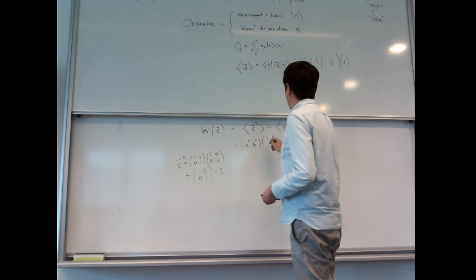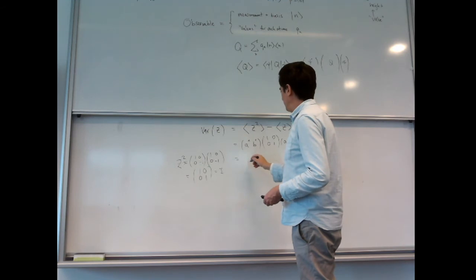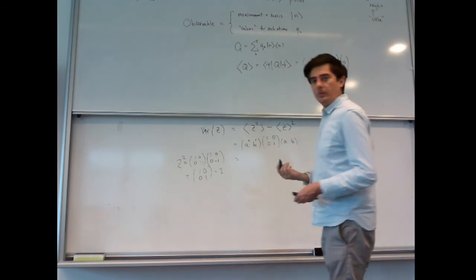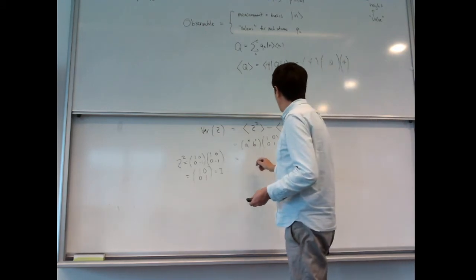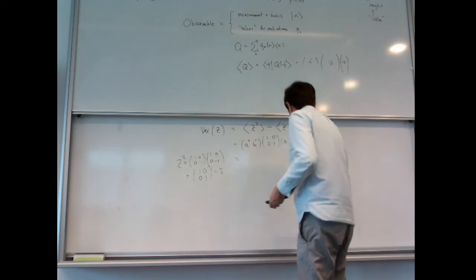So obviously this will do nothing to this state. So the average of Z squared is an example where it's completely invariant. And well, okay, sorry, let me do this one by one.